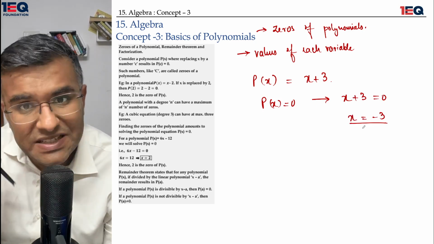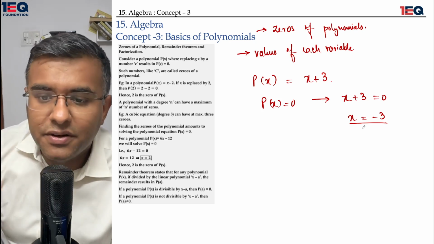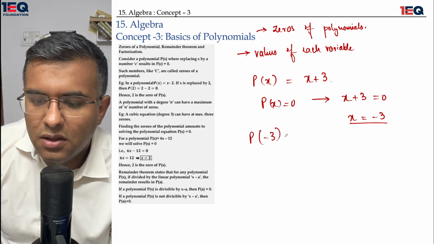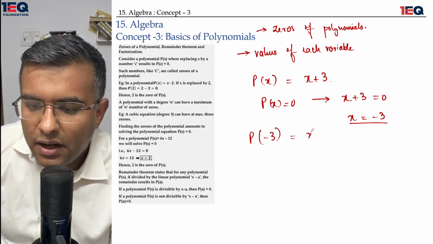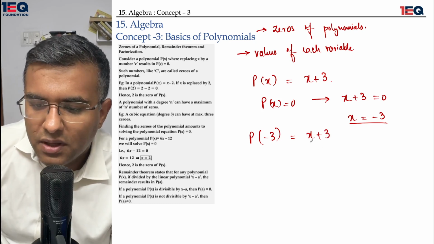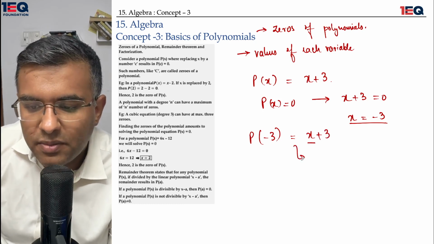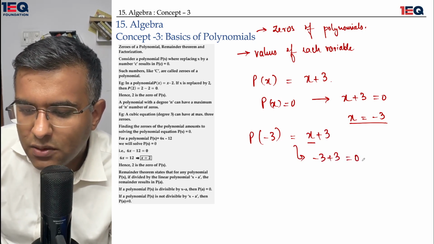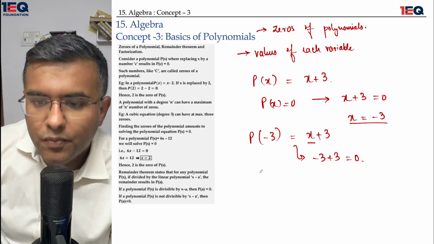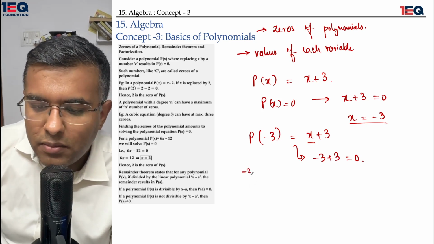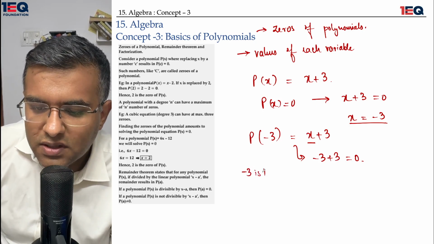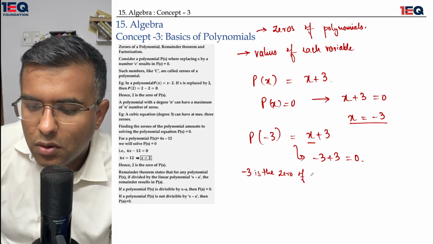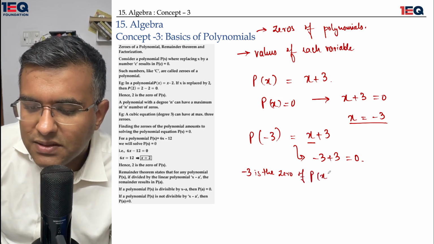This is where the question ends, but there is a further step. When I write p(-3) and replace x with minus 3 in x plus 3, minus 3 plus 3 is equal to 0.